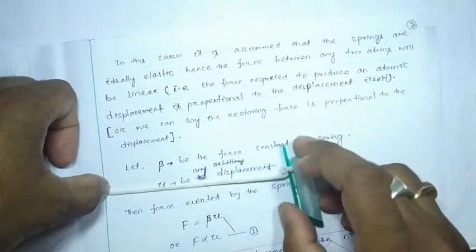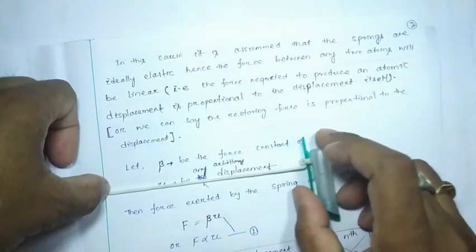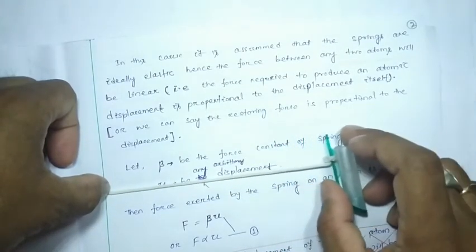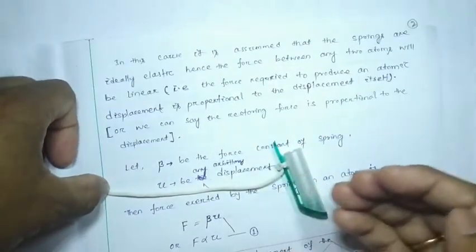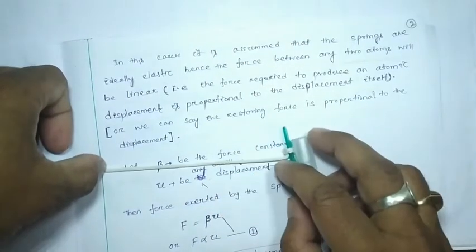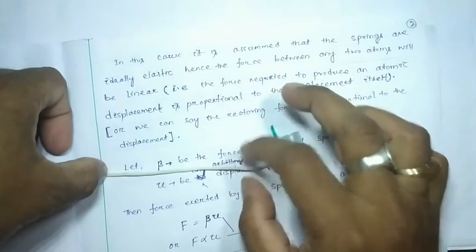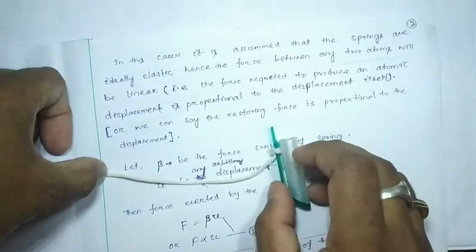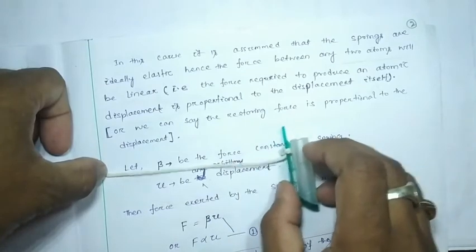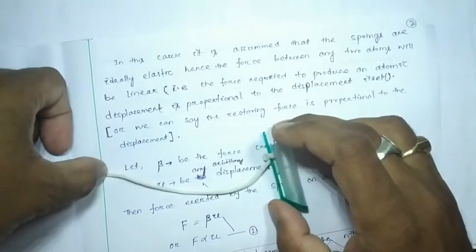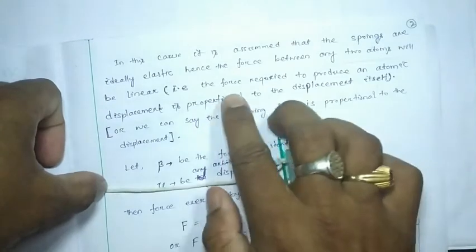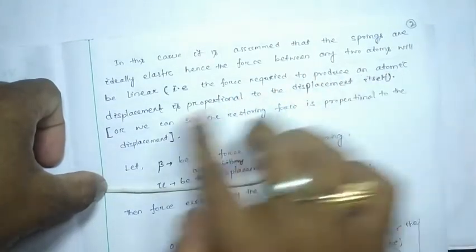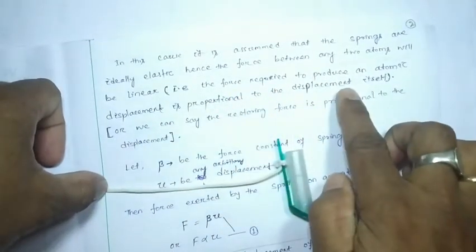then how much I displace this object towards the right side, that much restoring force will be induced in this spring, which tries to pull the object towards its mean position. So it is written that the force required to produce an atomic displacement is proportional to the displacement itself.